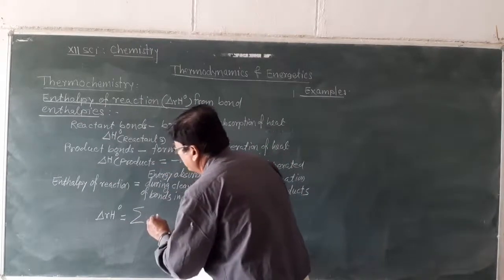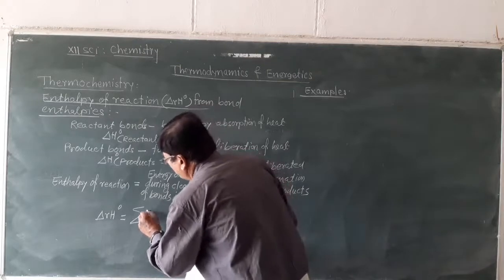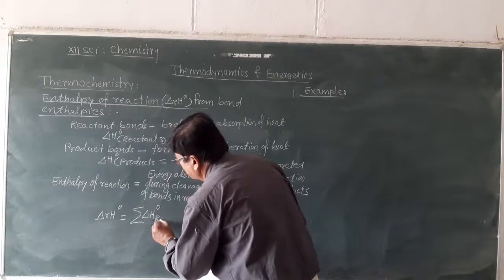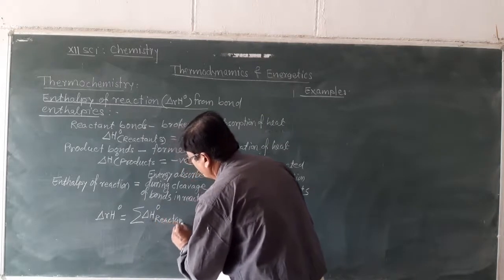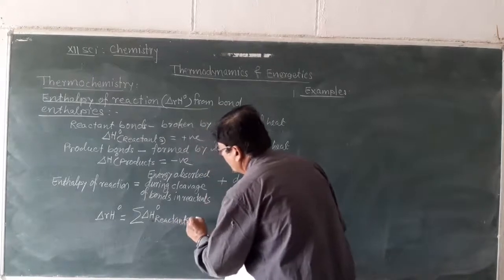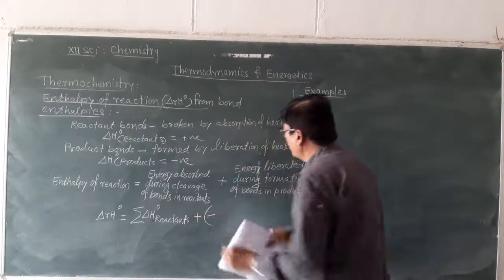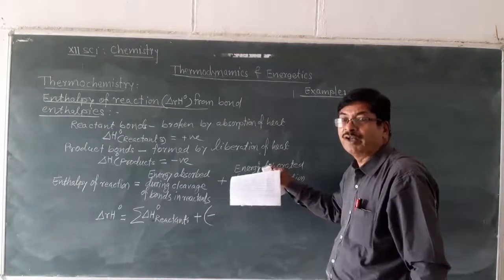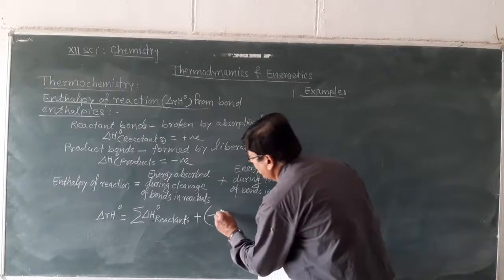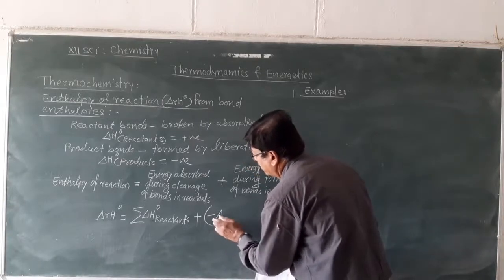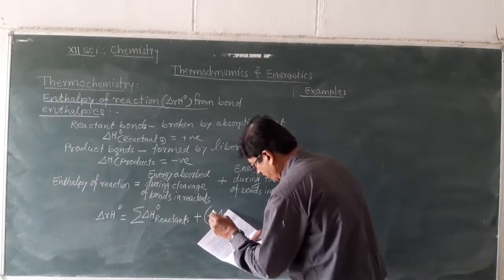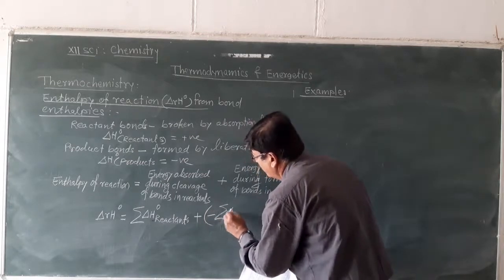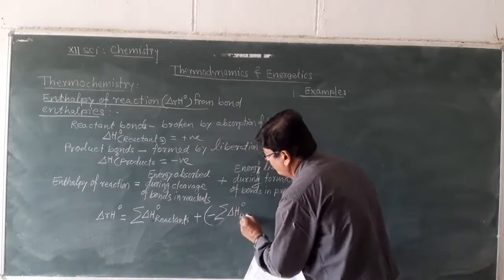You can write it as summation of bond enthalpies of reactants plus, now this is energy liberated during formation of product bonds, that is, bond enthalpy of products is negative, therefore you write negative summation of bond enthalpies of products.